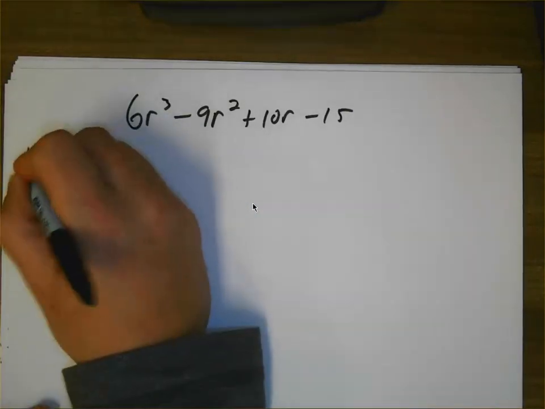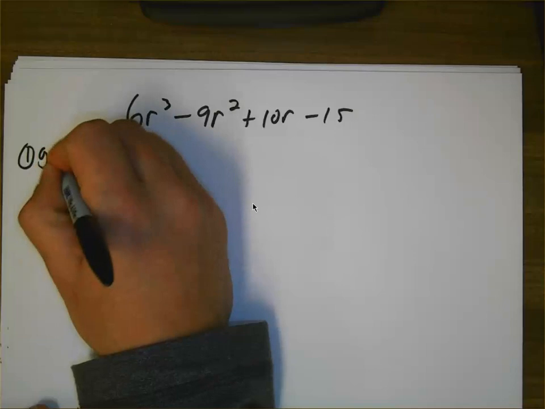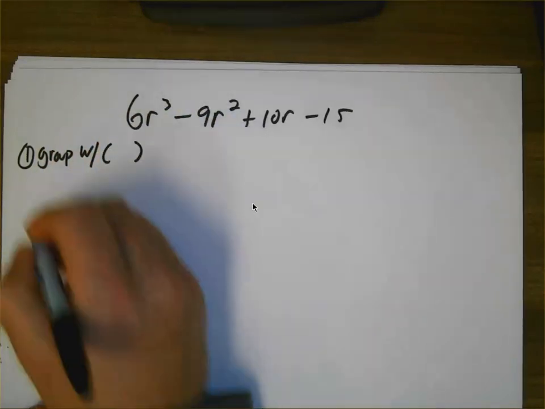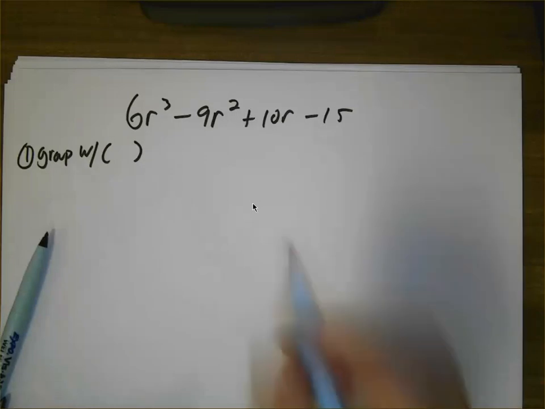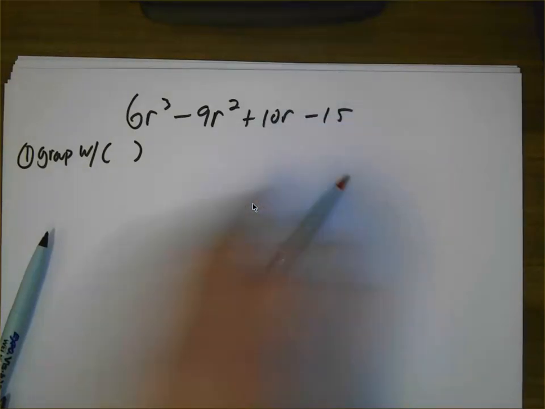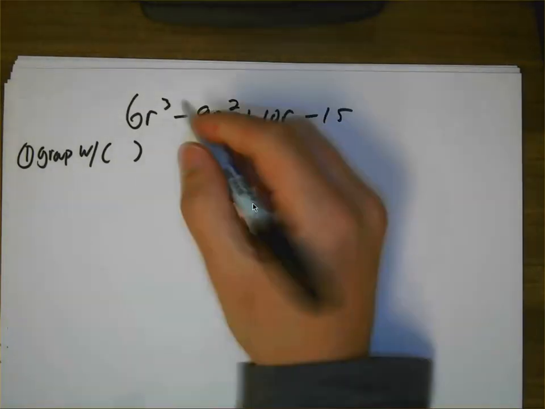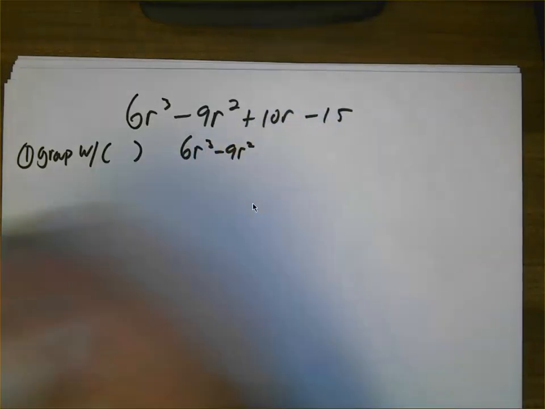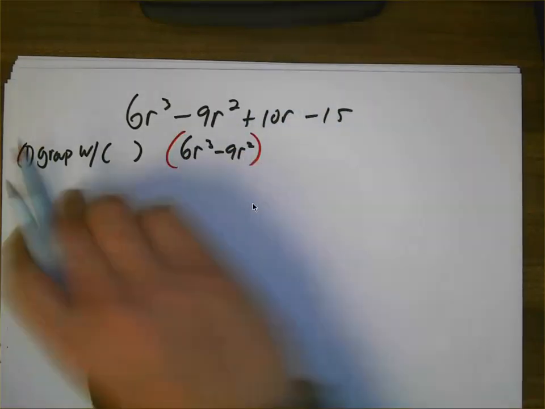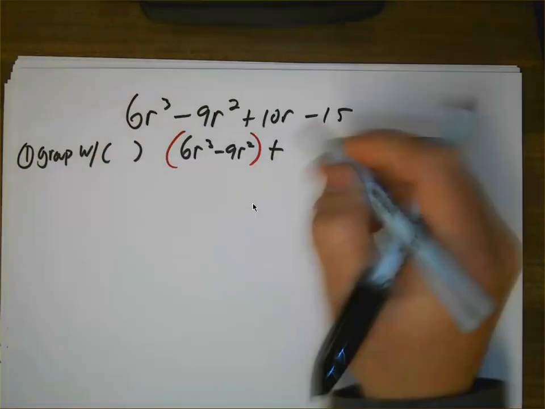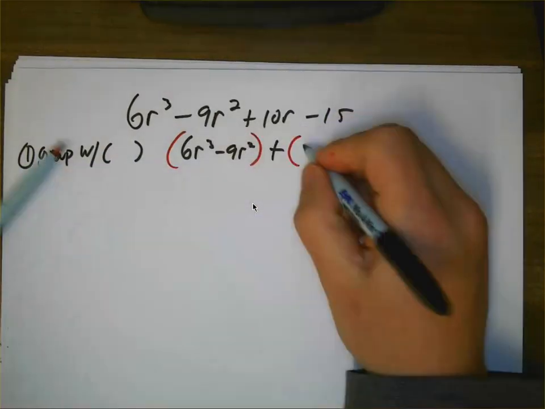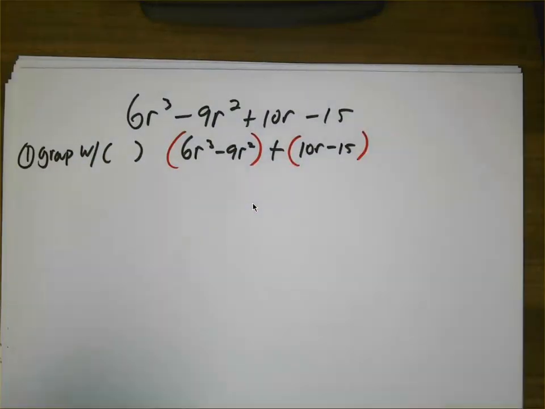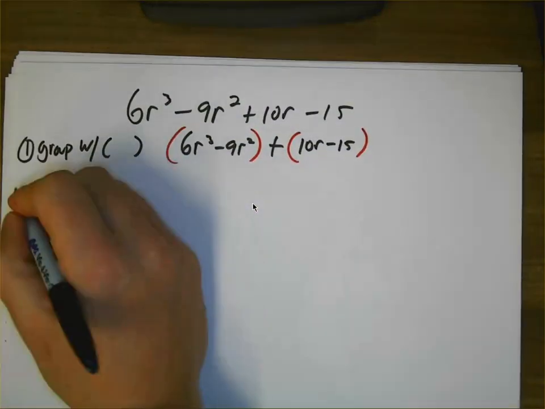So step 1, group with parentheses. 6r cubed minus 9r squared, I'm going to group that in this parentheses, plus 10r minus 15, right?